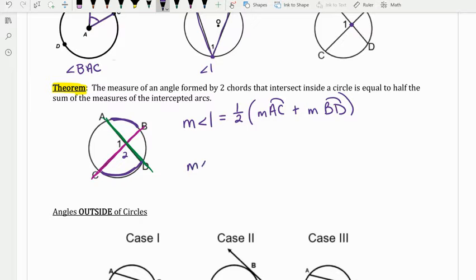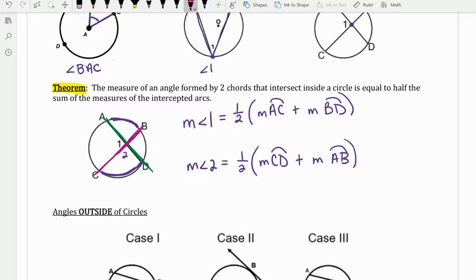The measure of angle 2 is half the sum of the measures of the intercepted arcs, which would be the measure of arc CD plus the measure of arc AB. Notice that angle 1 and the angle over here are vertical angles, so they are congruent. Angle 2 and the angle over here are congruent because they're vertical angles too. You can see that because they have the same intercepted arcs.